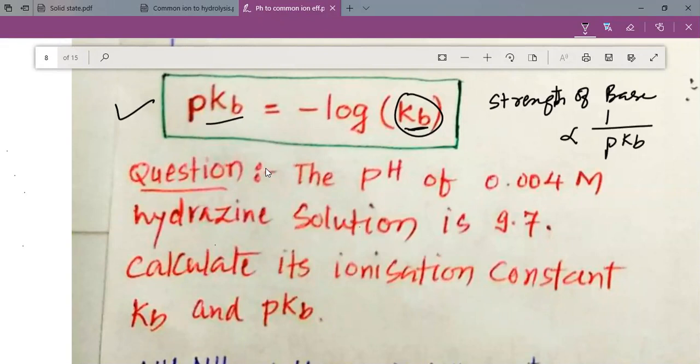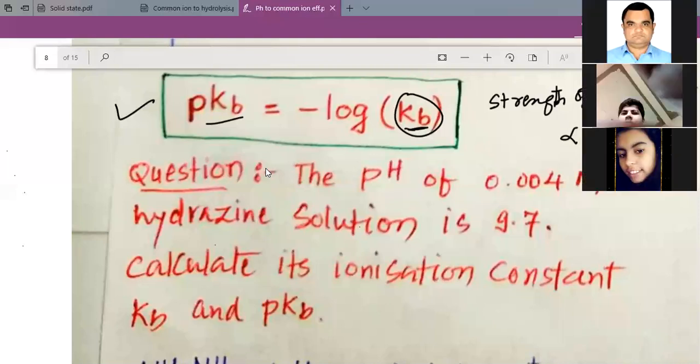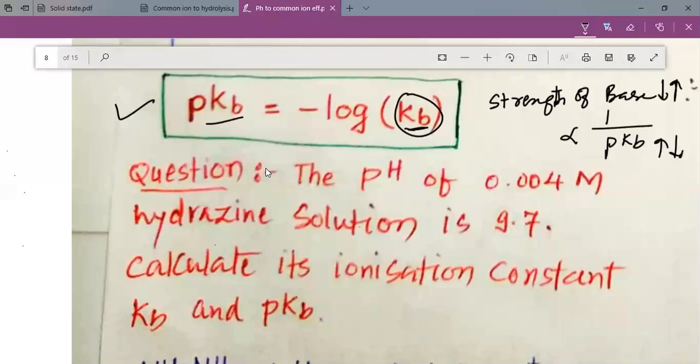So if the pKb value is greater, the strength is going to be lower. If the pKb value is lower, the strength of base is going to be greater. If pKb value is more, the strength of base is lower. If pKb value is less, the strength of base is more.